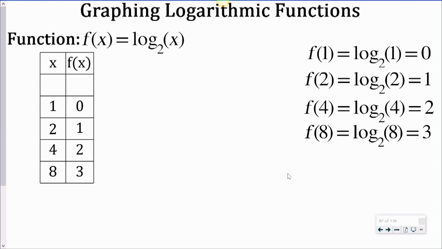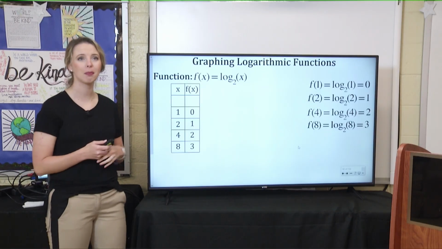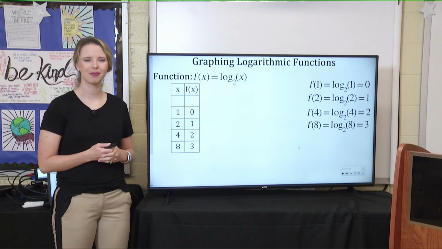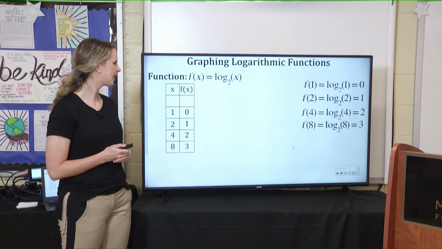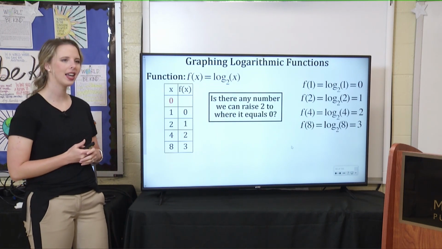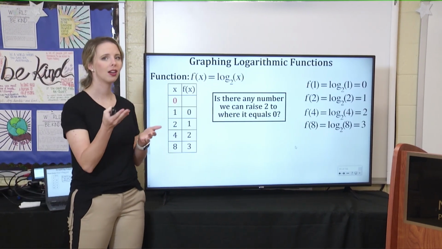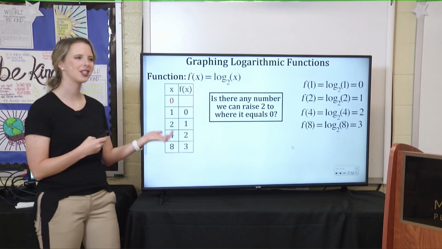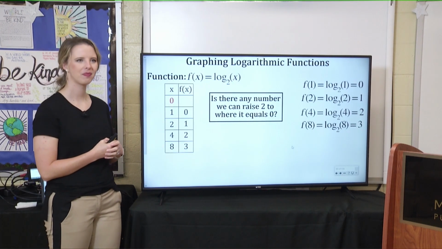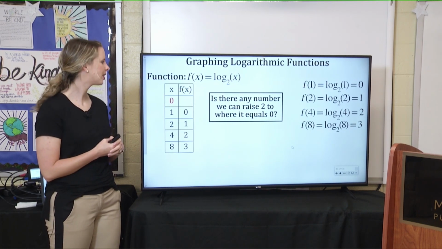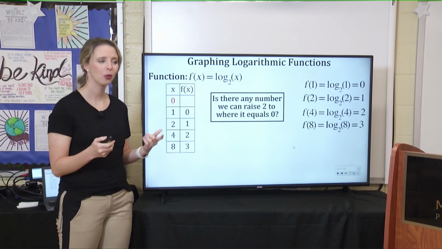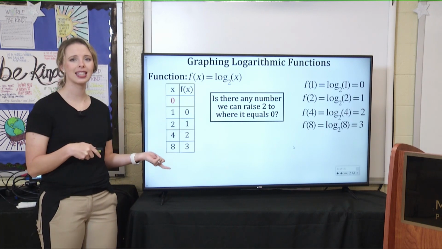What number could go in that spot that I maybe left blank on purpose? Maybe 0? Is there any number that we can raise 2 to in order to equal 0? No. Remember, we talked about this last week.